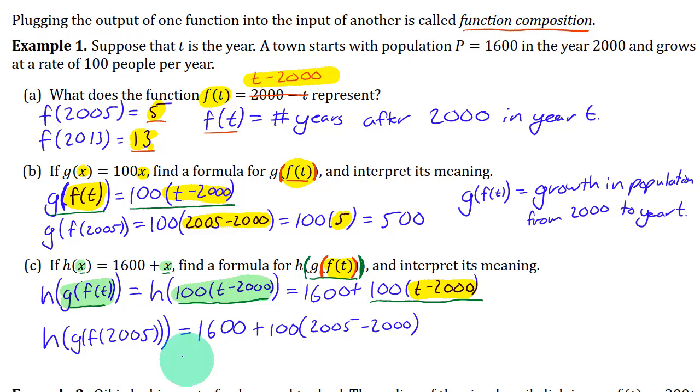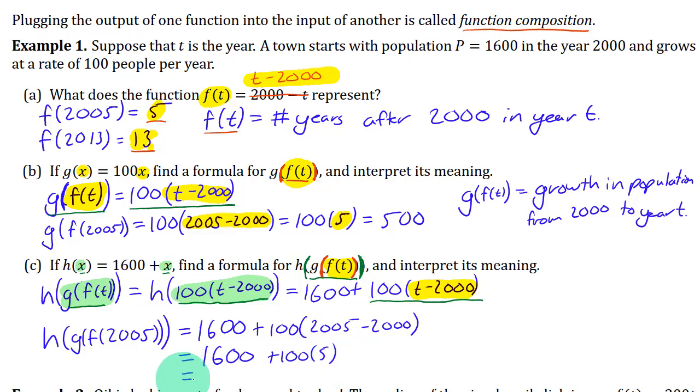So this is going to give you 1600 plus 100 times 5. So that 5 is the years after 2000 that 2005 is. It's 5 years later. And it's growing by 100 people per year since 2000. So it's 100 times 5 years is the number of people that is growing by. That's 500.